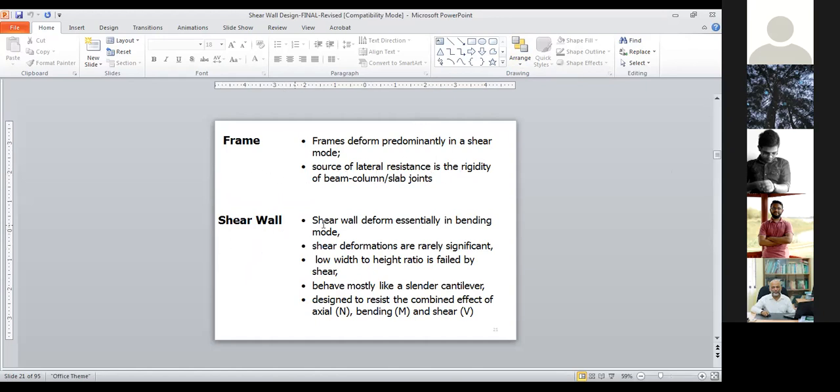The shear wall deforms essentially in bending mode. You have seen that shear wall essentially deforms in bending mode. Shear deformations are rarely significant. A low width-to-height ratio wall is failed by shear. It behaves mostly like a slender cantilever designed to resist the combined effect of axial force, bending moment, and shear.